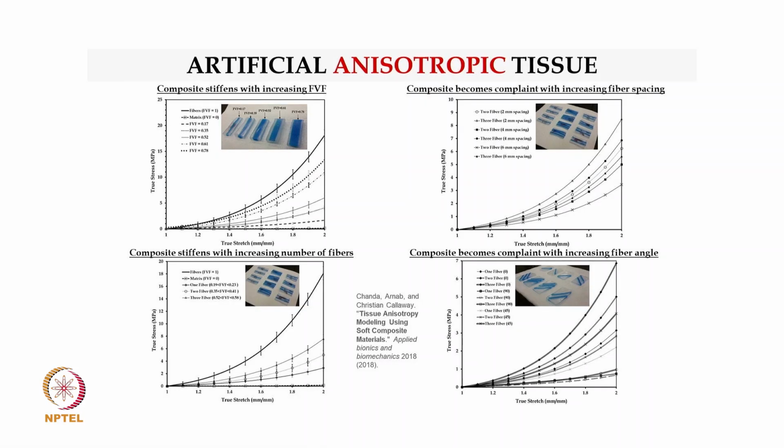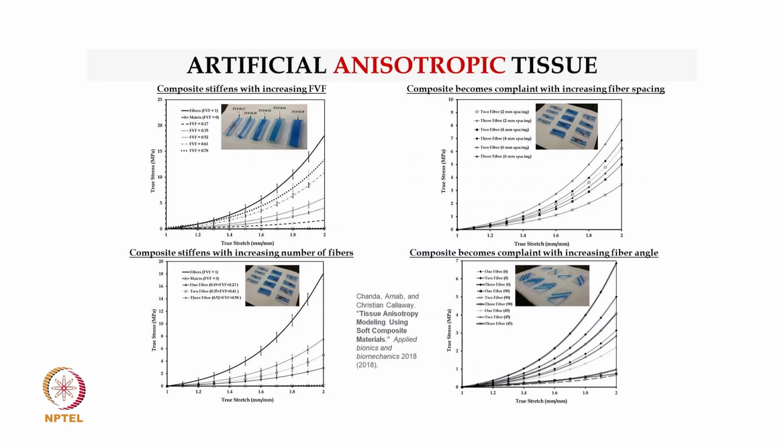We changed the fiber volume fraction as intuitive, and we found the results to change. The stiffness increased drastically when the amount of fibers, or the amount of harder material within the softer material, was increased, right? Which we can see very clearly in the top left figure.